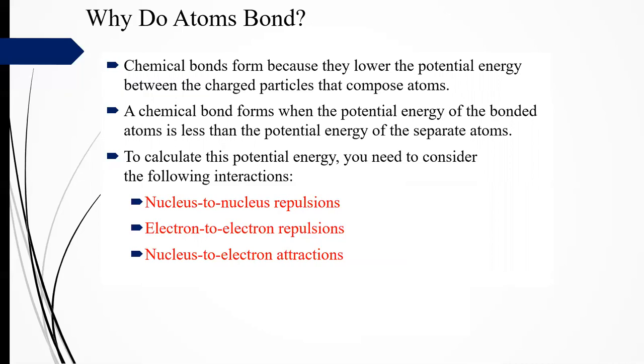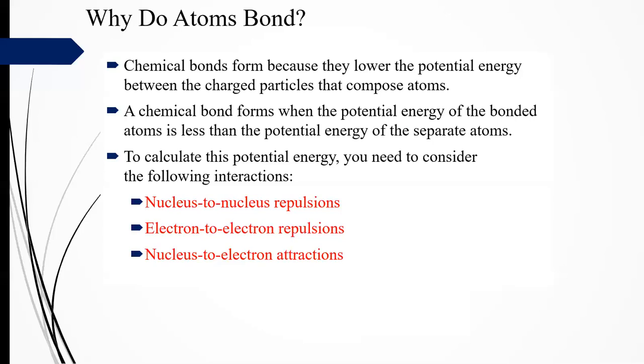As our atoms start to interact, they prefer this bonded state. It's a lower energy state than when they were individually there. There are three parts that we look at for that: the nucleus-nucleus repulsion, the electron-electron repulsion, and the nucleus-electron attraction.